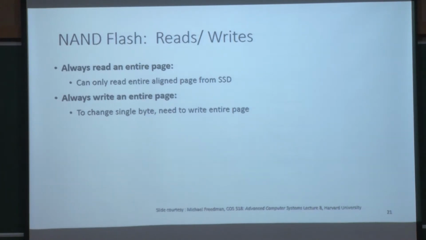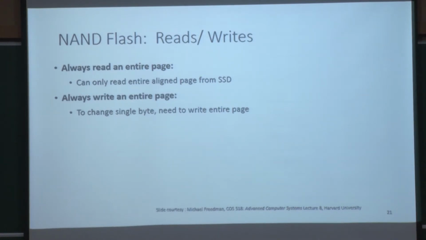And I change some piece of data over there. On a typical hard disk drive, or in the cache hierarchy, you would just go in, figure out where that data is, and flip those bits if they needed flipping. In this case, you can't really do that.